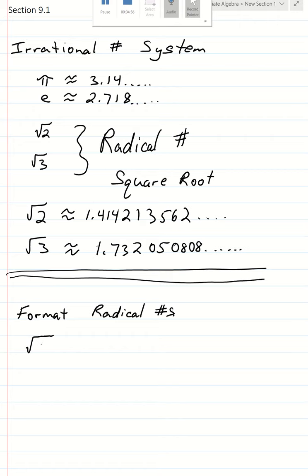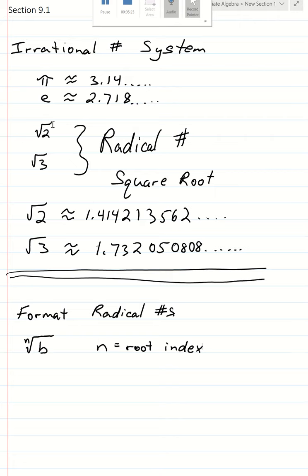You're going to have a quantity underneath that radical symbol, and there is going to be a little number that's raised slightly in front of the radical symbol. Now, that little number is called the root index. Okay? It's the type of radical that you are dealing with.